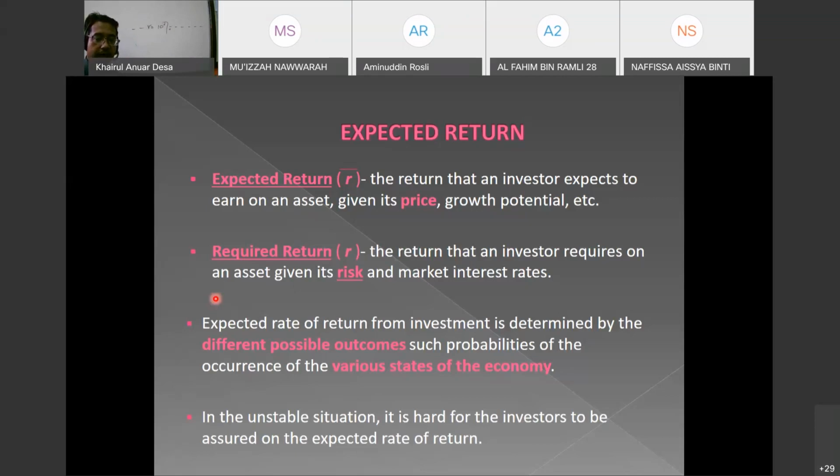Kalau you nak melabur, kalau katakan you masuk suatu skim pelaburan, you nak mengharapkan mendapat lebih atau you nak harapkan dia dapat kurang? Okay. Biasanya kita as a normal people, normally we hope to get more.